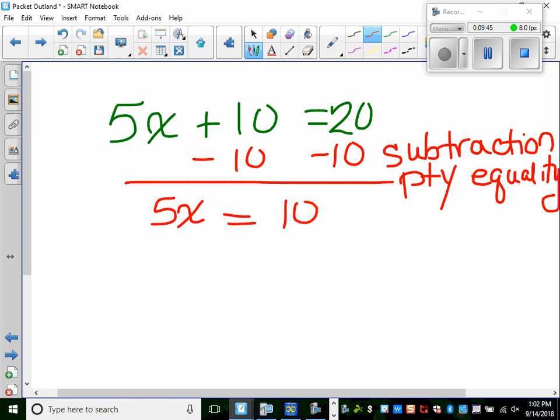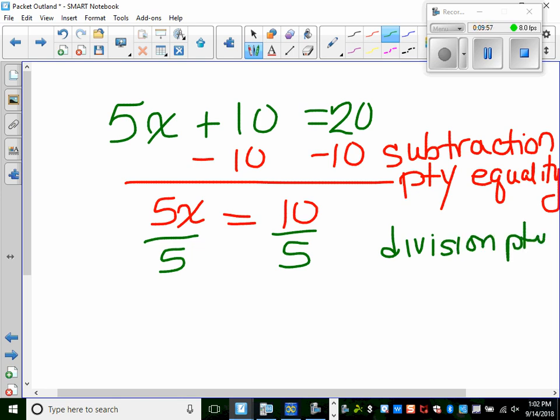Okay, now I'm going to divide both sides by 5. So now I have just used the division property of equality. So basically, when you're adding something to both sides, subtracting something from both sides, and multiplying, then you're using those properties. So x equals 2. All right, so that's subtraction and division.